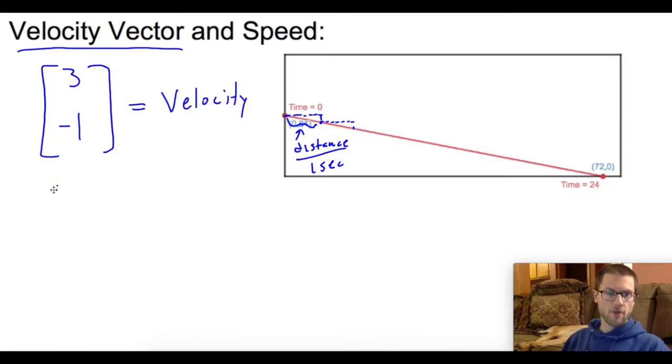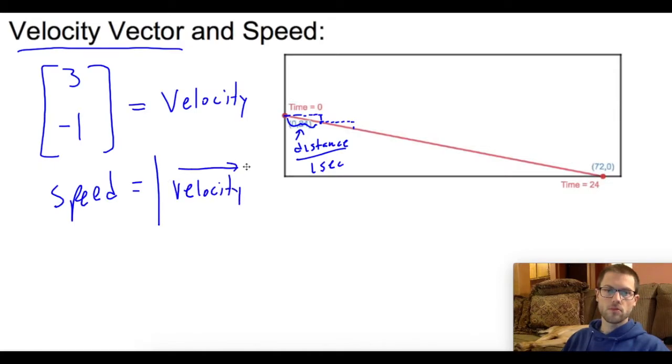So what I am getting after here is that the speed of the motorcycle moving across this rug is equal to the magnitude of my velocity vector. This gives me a horizontal and vertical component of movement, and if I want to find the actual speed, I need to find the size of that velocity vector.